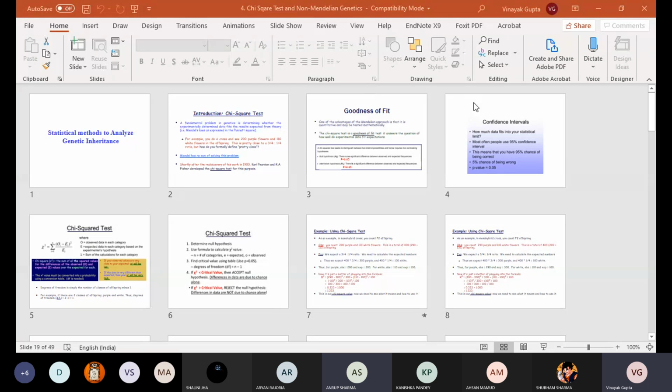Excuse me, sir. I have a small request. Can you please create a tutorial sheet or a practice sheet so that we have a greater variety of questions and a better idea of the type of questions we will be facing in the quizzes and the semester exams? Okay, I can give you a set, but the questions that will be asked in the quiz or in the exam are going to be different.